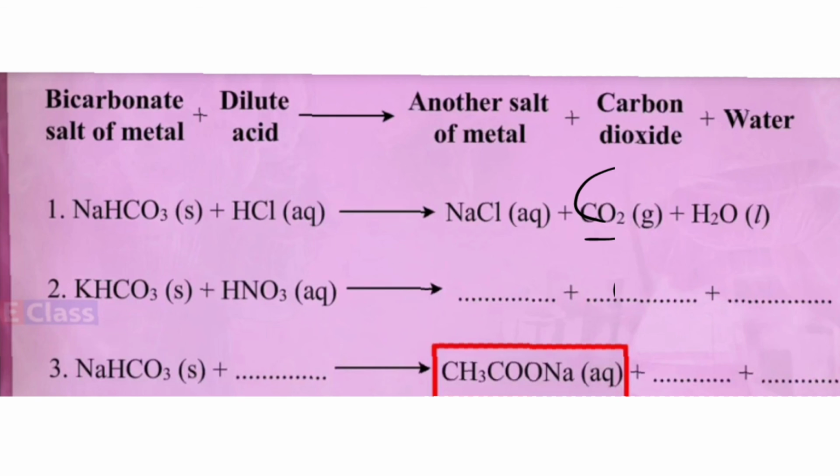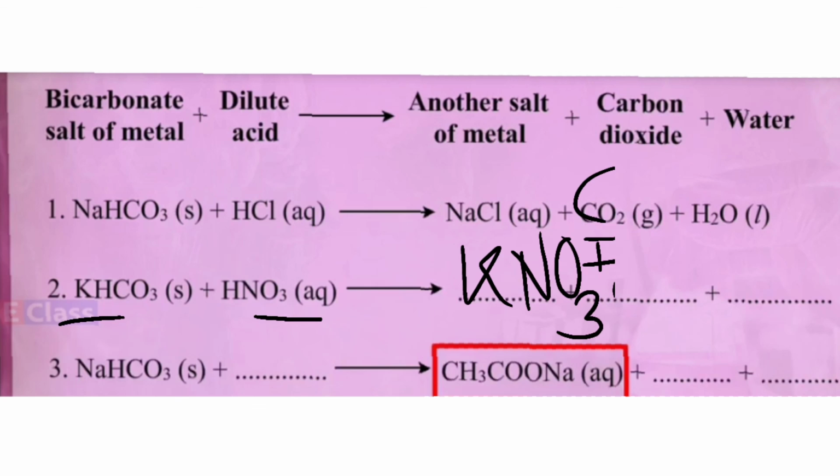Correct? So let us write down now. KHCO3 plus HNO3. Now which NO3 salt will be formed with K? KNO3. Both have valency 1. So write down the name of the salt as KNO3.